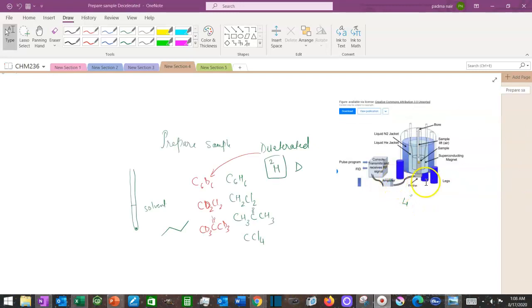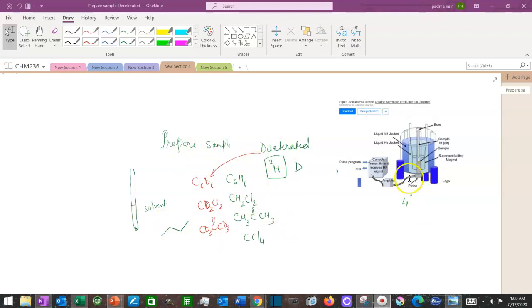So in a typical Fourier transform or FT-NMR spectrometer, this is where you keep the sample. I have a picture of an NMR tube where you put your sample and then dissolve it in an appropriate solvent. I'll talk about the solvent in a little bit.